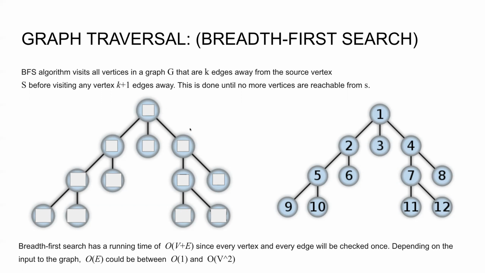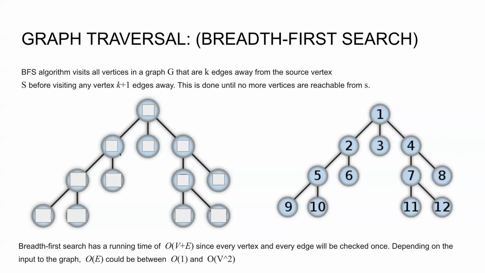So you want to visit level k away from the source vertex before you visit k plus 1 edges away, until no more vertices are reachable from S. So here is the order: 1, 2, 3, 4, 5, 6, 7, 8, 9, 10, 11, 12. And what's the runtime complexity?